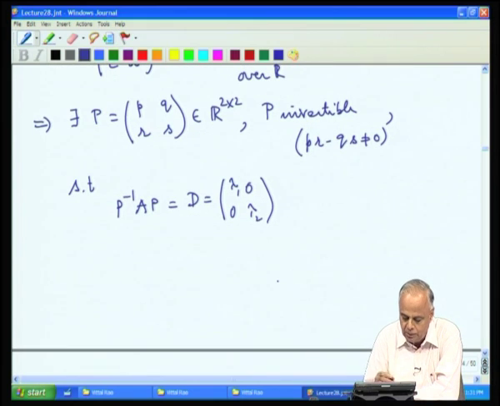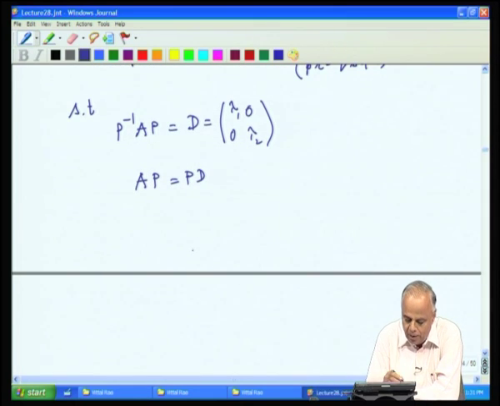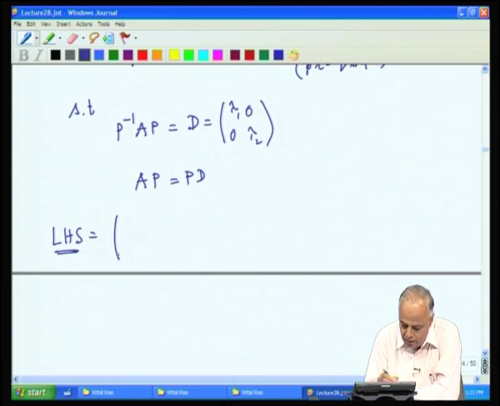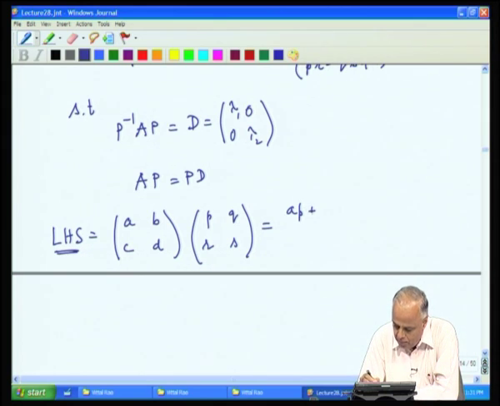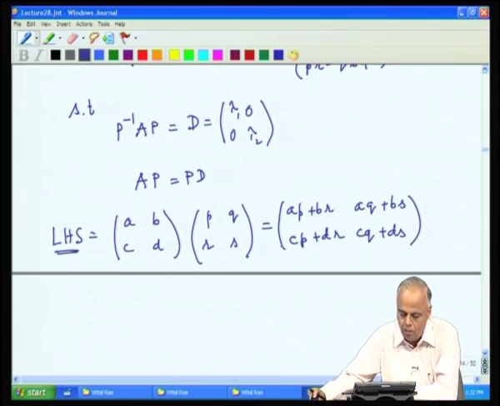What does this mean? This says A P equal to P D. Now, what is A P now? Left hand side, A is A, B, C, D, P is P, Q, R, S, which is equal to A P plus B R, A Q plus B S, C P plus D R, C Q plus D S. Now, let us look at our column notation.